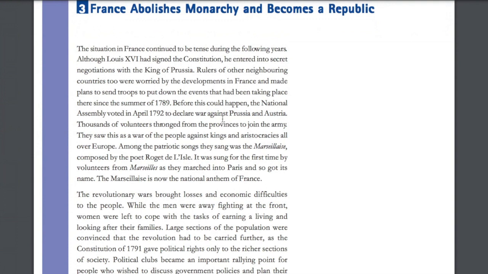But before this could happen, the National Assembly voted to declare war against Prussia and Austria in April 1792. Thousands of people thronged from the provinces, meaning they left their places and joined the army. They saw this as a war of people against kings and aristocracies. So, what do you mean by aristocracy?